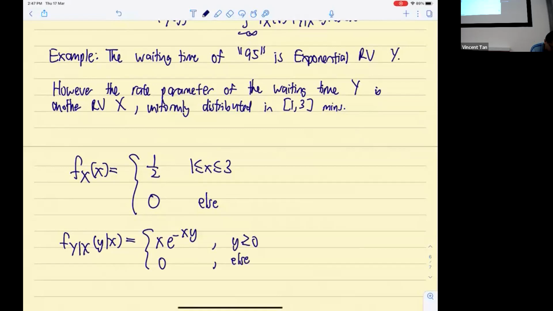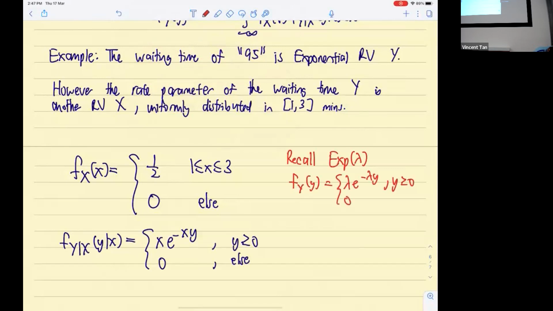Now this looks very strange, right? But you recall that for an exponential random variable with parameter lambda, f_Y of y is equal to lambda e to the minus lambda y, for y bigger than 0, 0 otherwise. So now our rate parameter, which is our lambda parameter, is a random variable and we call it x.